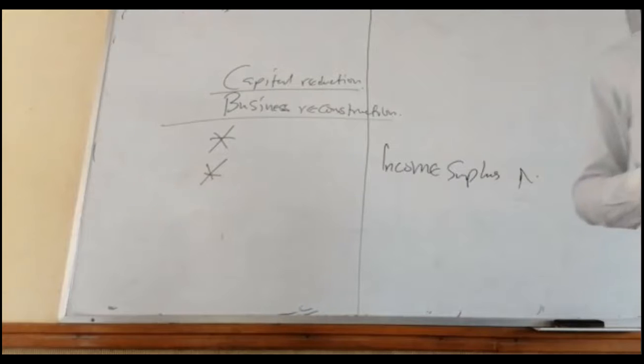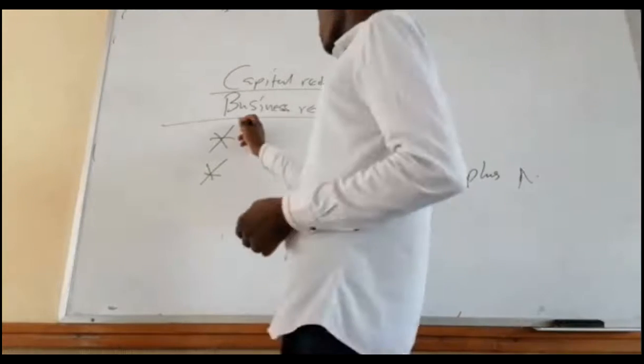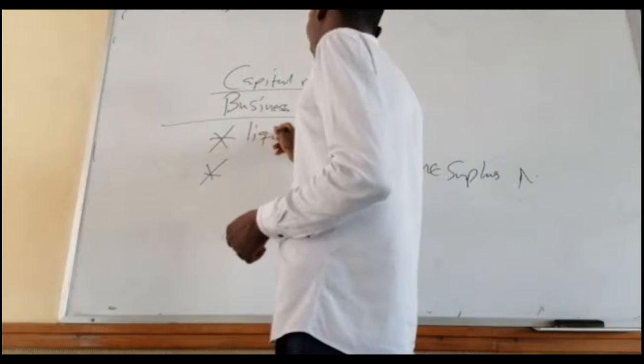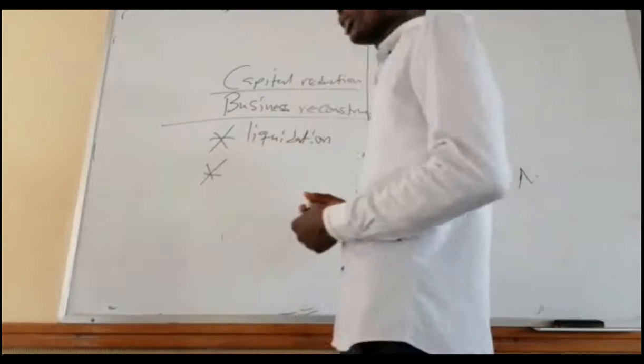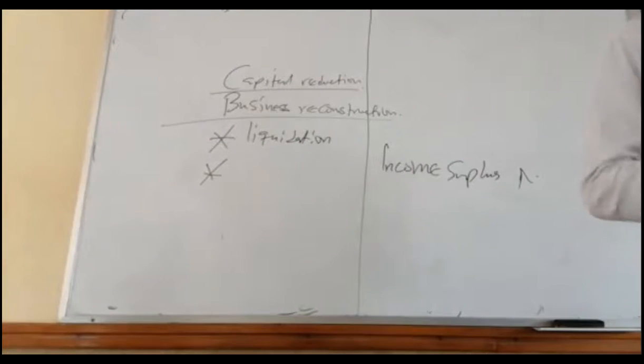The first option is to liquidate the business. That's option one. The first strategy available to you is to sell all the assets, pay everybody that you owe, and move out of the system to avoid accumulation of loss.